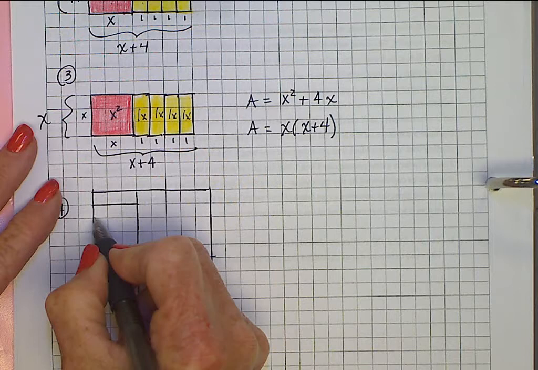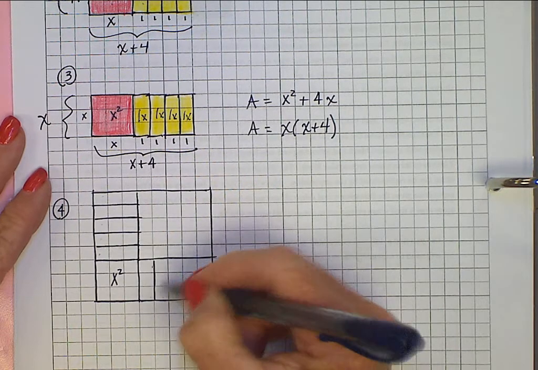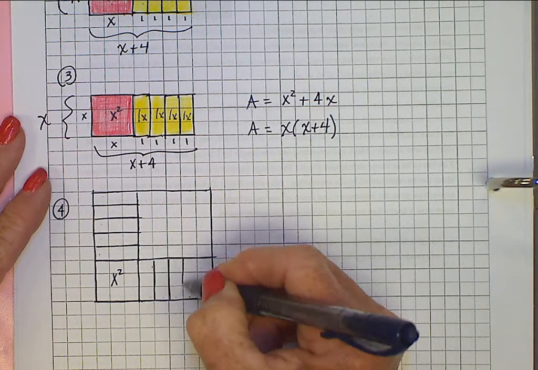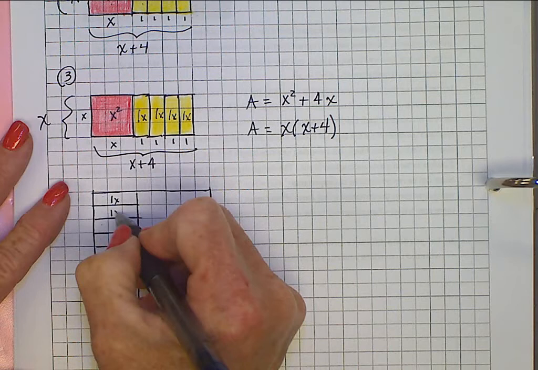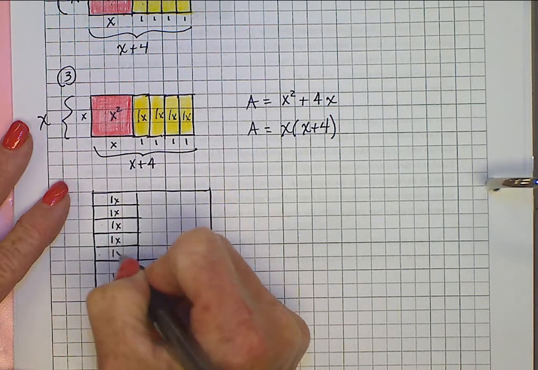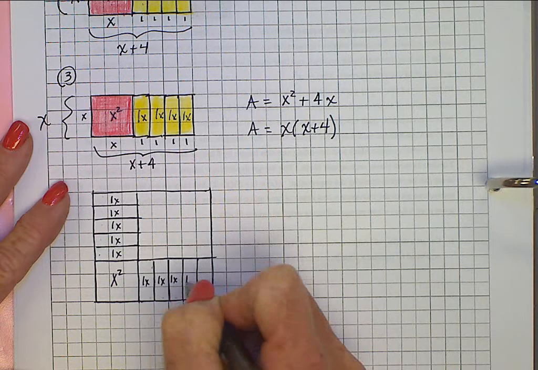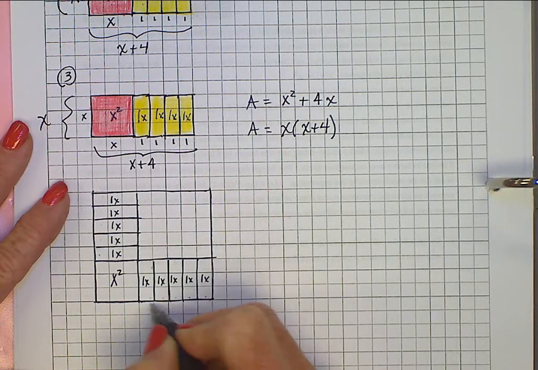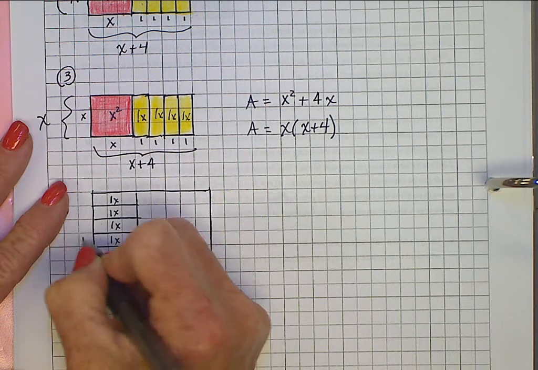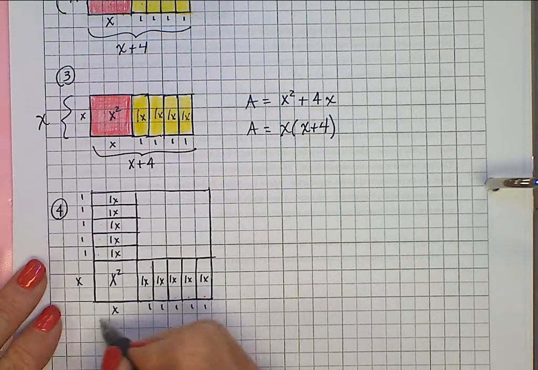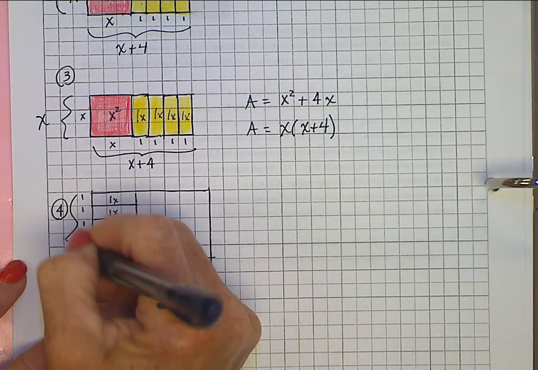Here's all these individual strips being put on. X plus 5 on the sides.